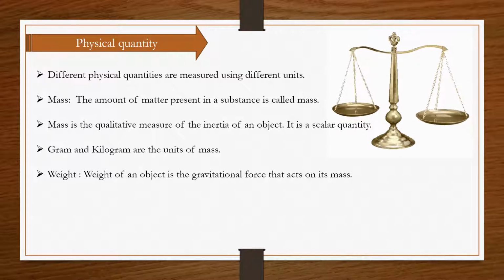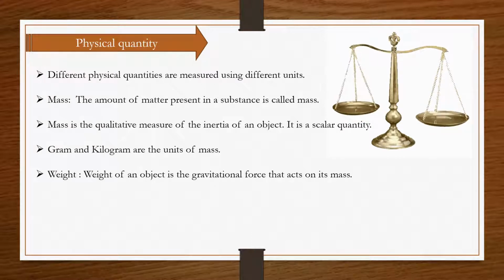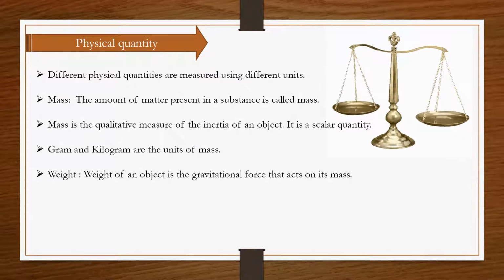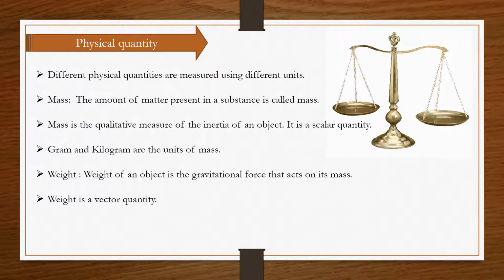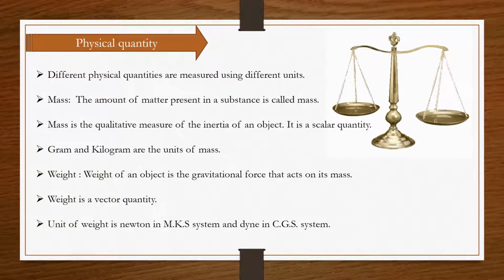That means the weight of an object is the gravitational force that acts on its mass. Weight is a vector quantity and it changes from place to place, and the unit of weight is Newton in the MKS system and dyne in the CGS system.